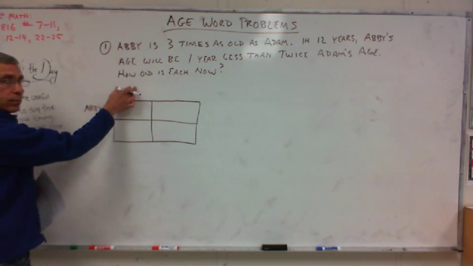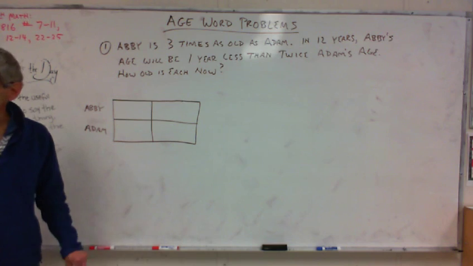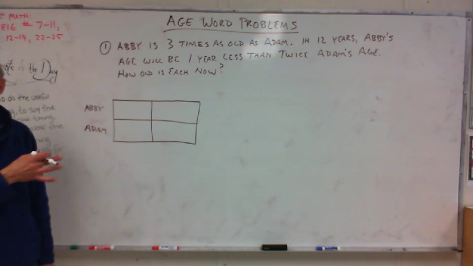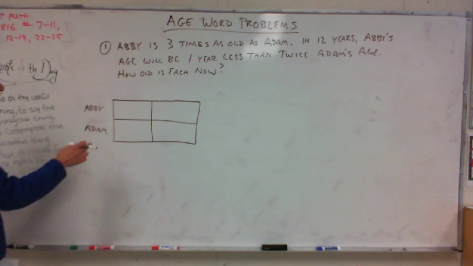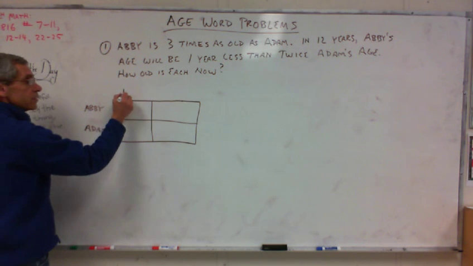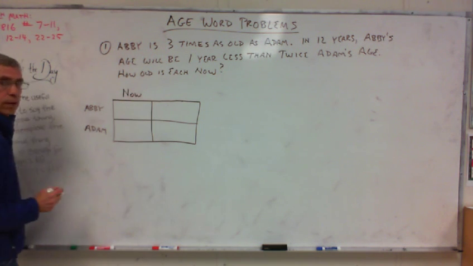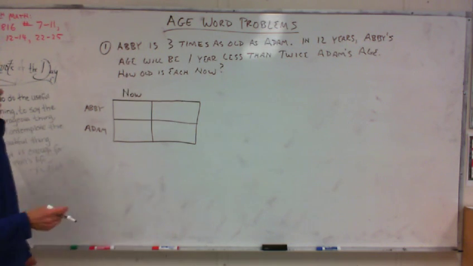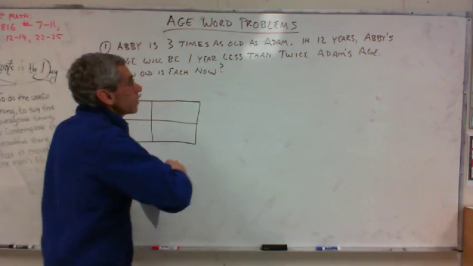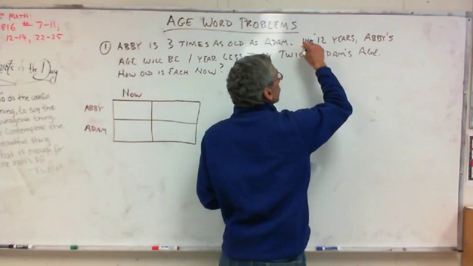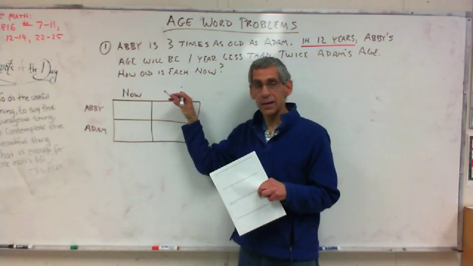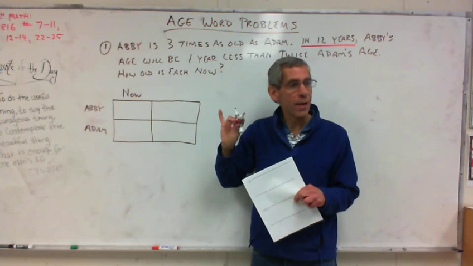Now it's very important you write this above the column. Do not just draw the box and not put in anything, right? In the column up here, it's now. That is your now column. And then it says in 12 years. How could I write that as a column head mathematically?